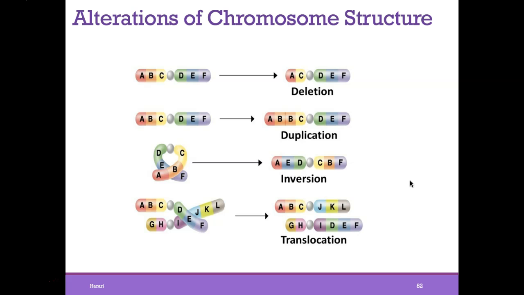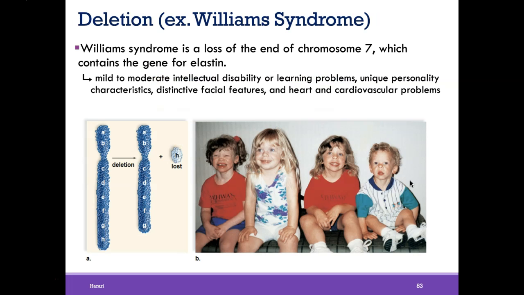And again, these can be harmless, or they can lead to a miscarriage. Oftentimes, if a gamete has extra genes or missing genes, there's just a miscarriage. Most of the time, these fetuses will not be born if they have abnormal chromosome structures. An example of a deletion that you can survive is Williams syndrome.